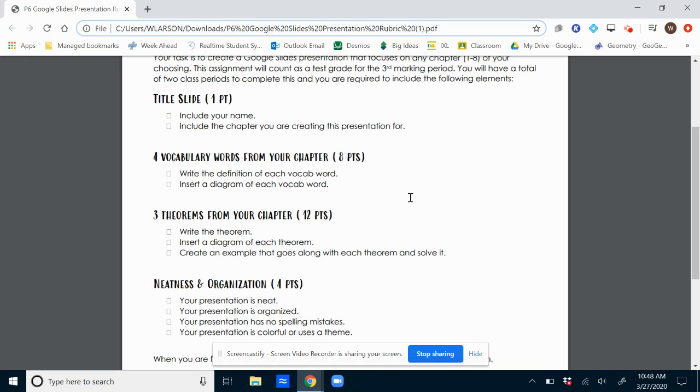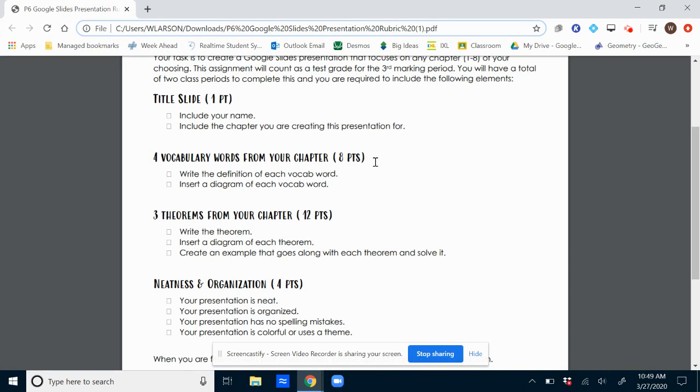Next, 4 vocab words. Very important, you must have 4 vocab words from your chapter. You should have the definition of the vocab word and a diagram to go along with it. How you decide to organize this is up to you. If you can find a way to put all 4 vocab words onto one slide, maybe you split the slide into 4 boxes with the word, definition, and diagram for each one, that's fine.